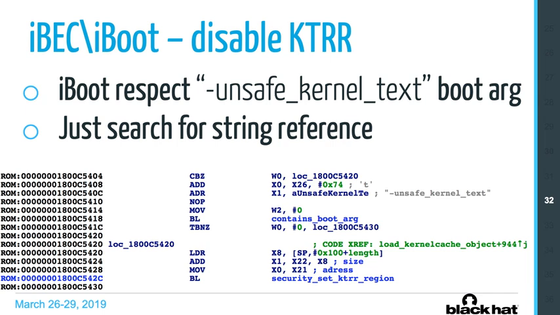When the kernel is mapped and finishes all the initialization process, this region will be locked, which means there is no way to write to this region, as the lock is made at the hardware level. In addition, the MMU is configured so that no code can be executed outside of the region. That's a pretty nice mitigation to prevent jailbreaks. But again, if we control the bootloader, we can disable it.